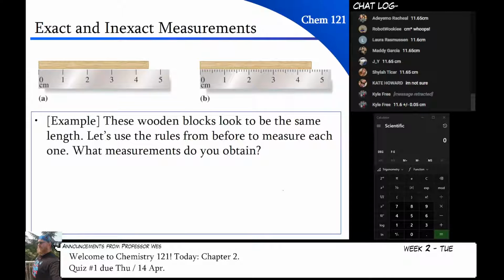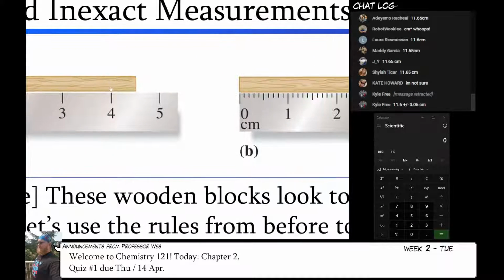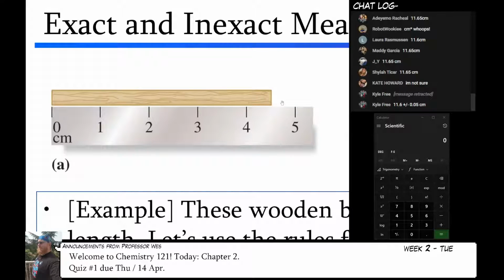So I'm going to give you rulers A and B here. And I'm going to just zoom in. I'm going to put ruler A on the board. What I want you to do is, based on this ruler, you'll notice the marks are different. Tell me the length of this wooden dowel, we'll call it. So type your answer in the chat.